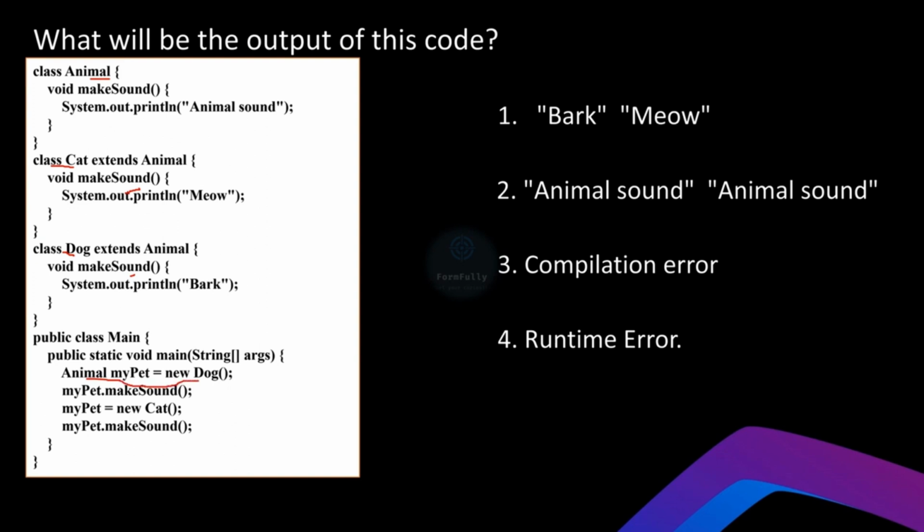The Animal class defines a method called makeSound, which prints animal sound when called. The Cat class extends Animal and overrides the makeSound method to print meow. And then the Dog class extends Animal and overrides the makeSound method to print bark.